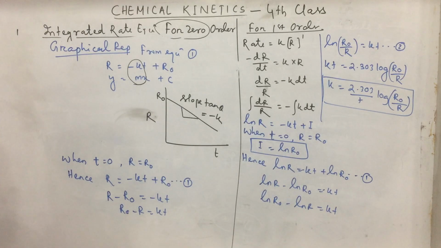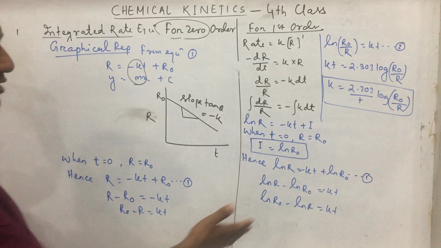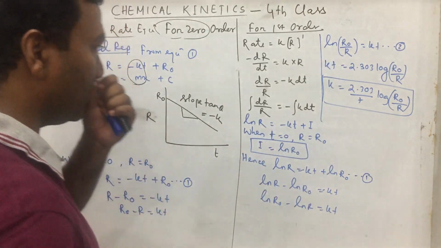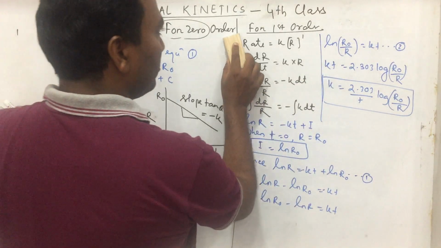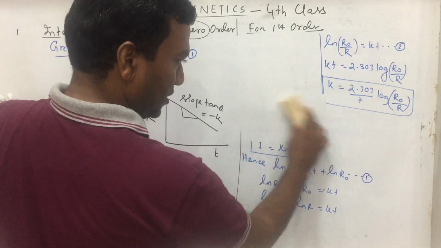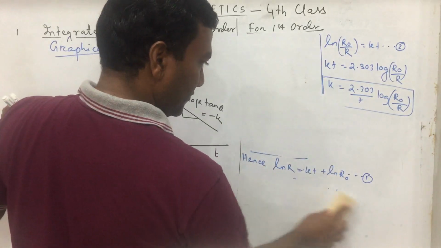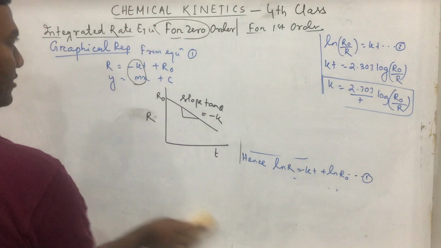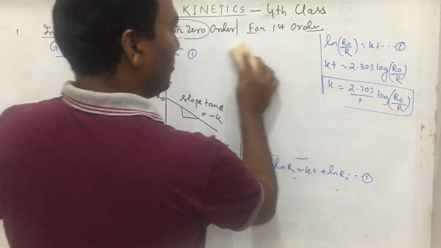For zero order reaction. Similarly, for first order reaction, a different type of graph will come. For first order, you see, this is our equation 1. See, for first order, how can you plot the graph?